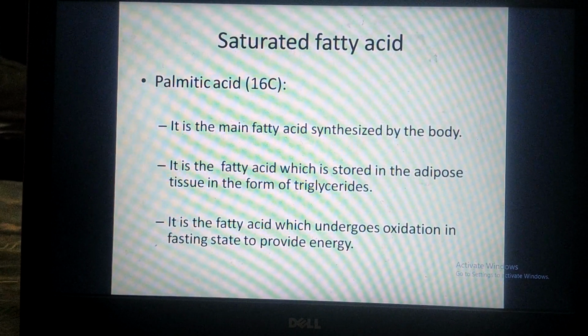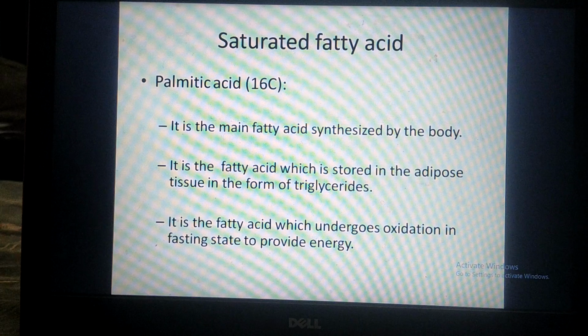Next is saturated fatty acid. The most common is palmitic acid with 16 carbons. It is the main fatty acid which is synthesized by the body. It is the fatty acid which is stored in the adipose tissue in the form of triglyceride.